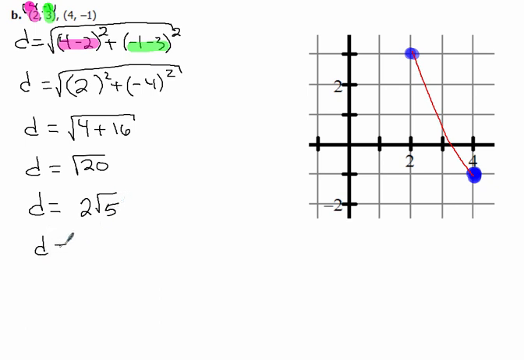Now, sometimes we don't want it in radical form. If you just want it as a decimal, then your decimal would end up being about 4.5. There's one little notational thing that's different here. Instead of an equal sign, you're going to want to use an approximate symbol. So our distance between those 2 points is about 4.5.